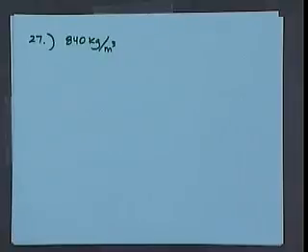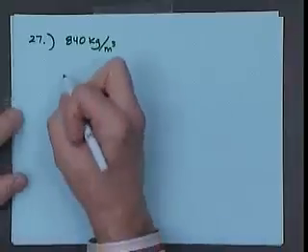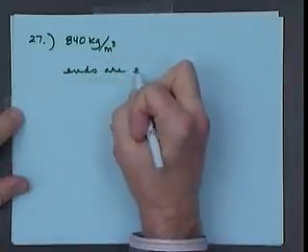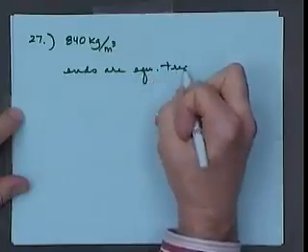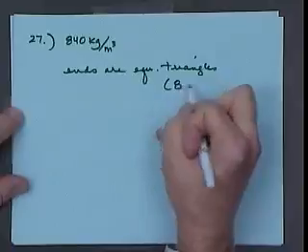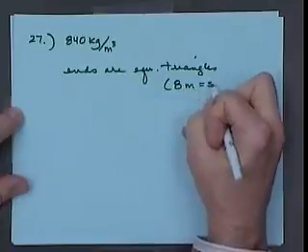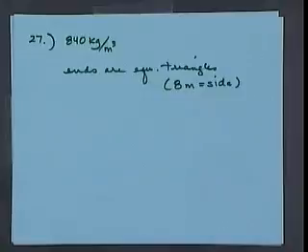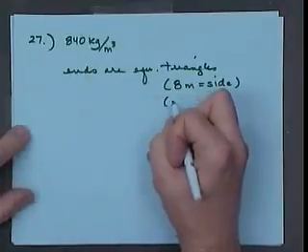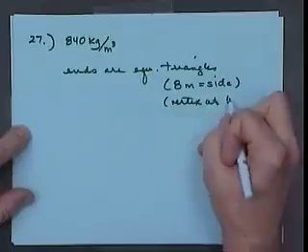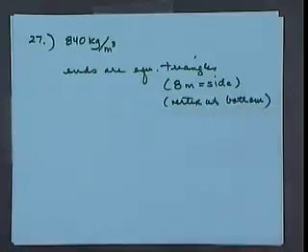The ends of the trough are equilateral triangles with sides 8 meters long. So the sides of the equilateral triangle are 8 meters long. And the vertex is at the bottom. Find the hydrostatic force, the pressure, on one end of the trough.